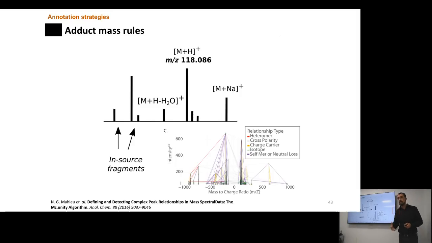Now, they also discuss that the more relationships that you take into account, the more chances you have to find false positives. Of course, the more likely it is that you find relations between two unrelated molecules that correspond to any other mass or rule that you add or consider.